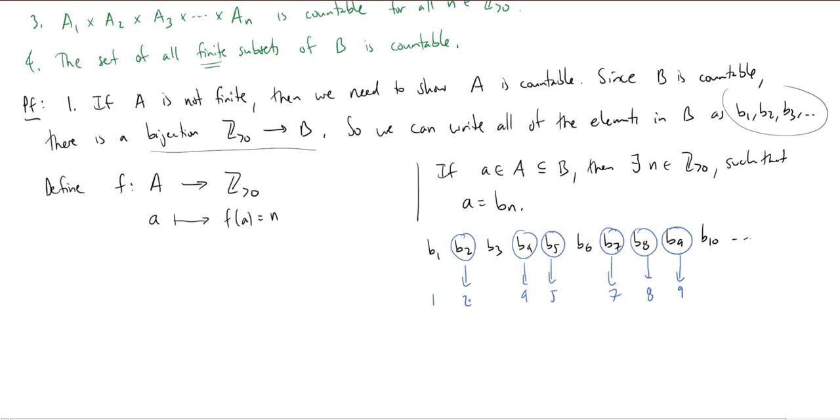Namely, if I take 2, well, b2 got mapped to it. Okay, so we've just proved that f is a function that for every element in the positive integers, there is at most one preimage. Okay, so the f preimage of every n has at most one element.